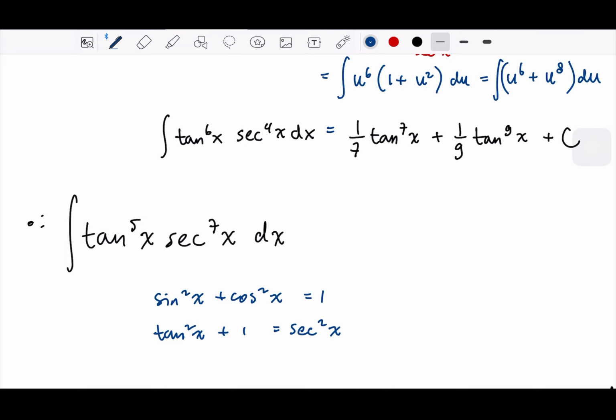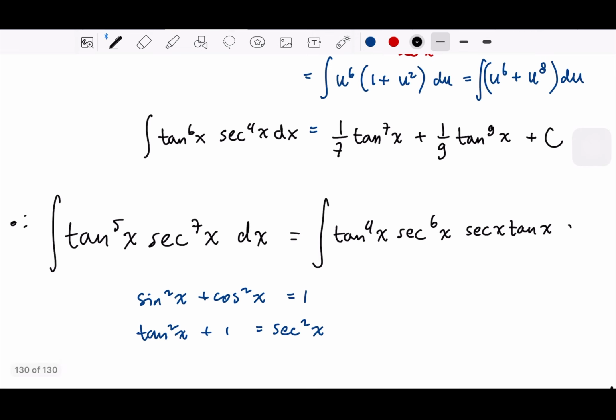So let's adjust the equations. This will be tangent 4 and then secant 6, and then secant x tangent x. Now we see that we have an interesting arrangement at secant x tangent x. If we remember that secant x tangent x is the derivative of secant, then perhaps that is the key.